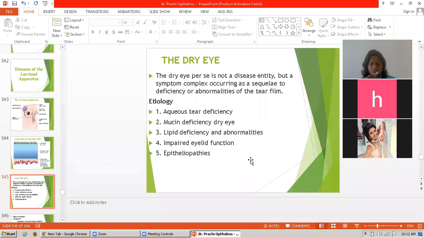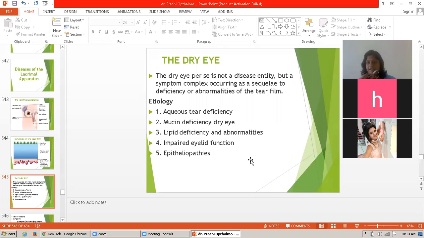And chronic inflammation causes painless swelling in the sac region with regurgitation of pus through the puncta when pressure is applied to the sac area. Then, when there is excessive tear formation or poor drainage, vision is blurred by the tears, and discomfort is caused by the overflow of tears onto the cheek.